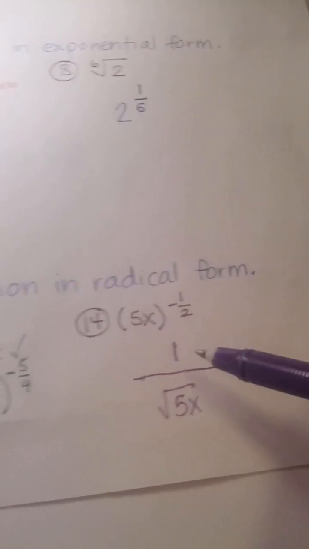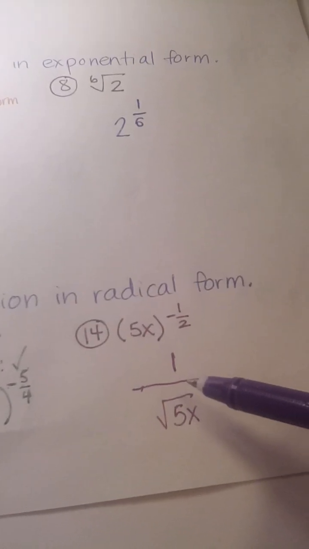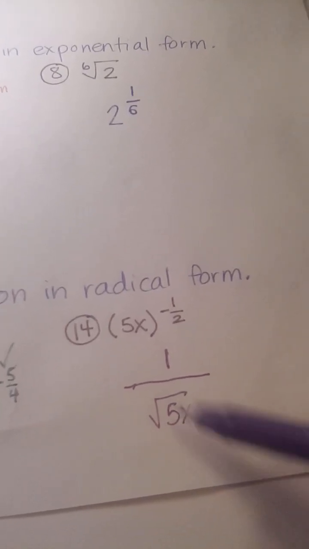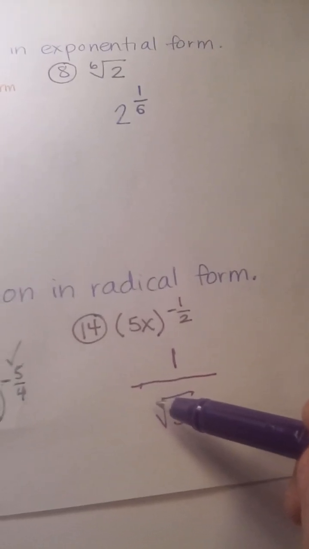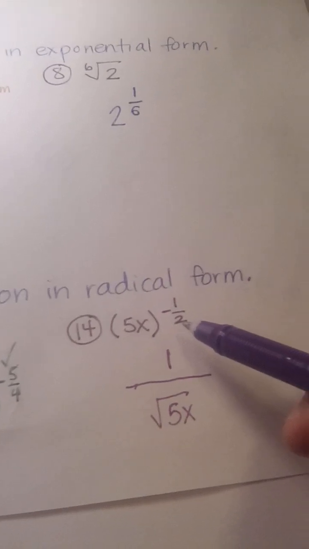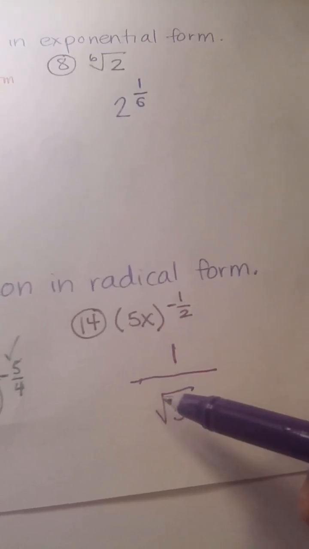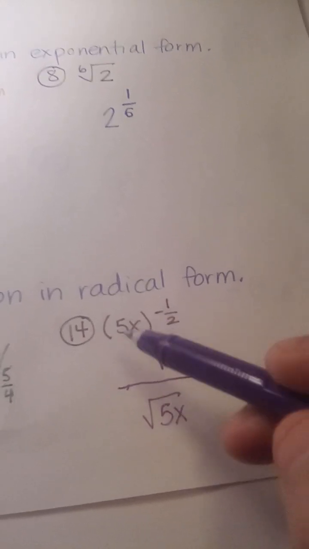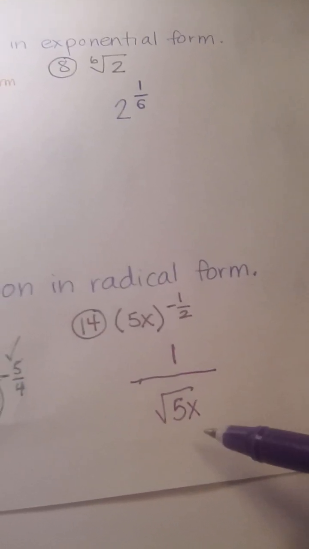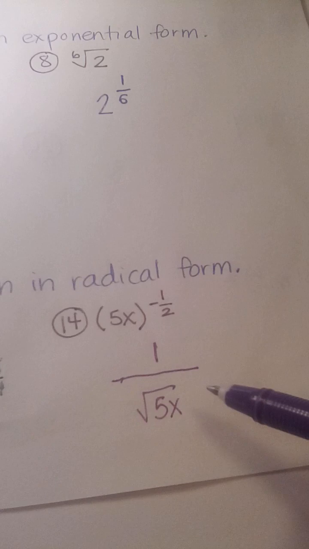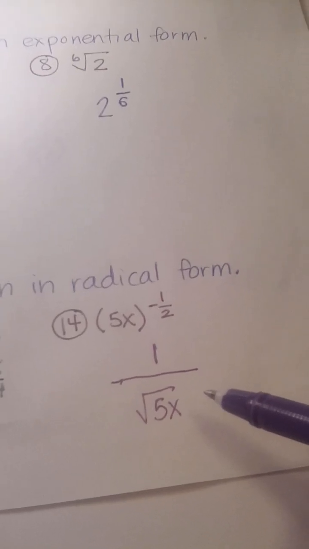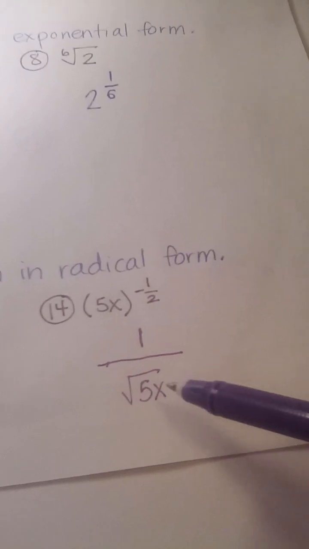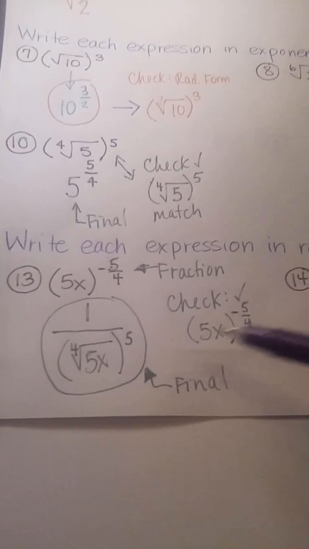What is the index? The index is 2. You don't have to put anything right there. And when you see a 1 there, you don't have to put parentheses around it. So are we through yet? Yes, we're finished.